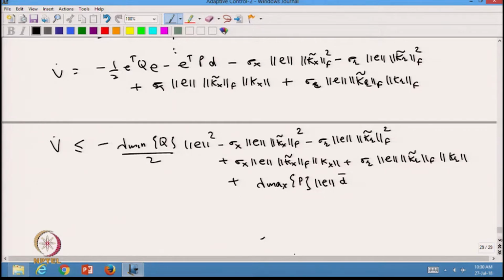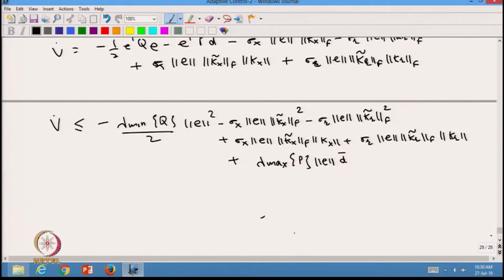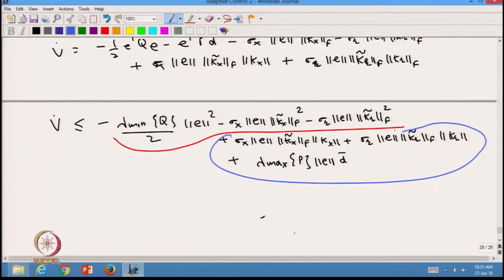Okay, so now we see that there is a set of negative terms which are given by this, and then there is a set of positive terms which are given by this.